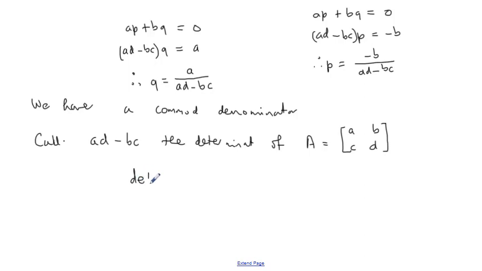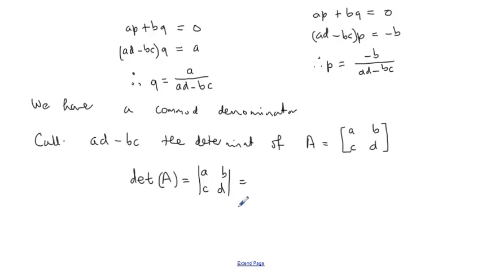We say det A to denote determinant of A. We can also use this like absolute value. We just write A, B, C, D. Now, if you check what it is there, it's AD.